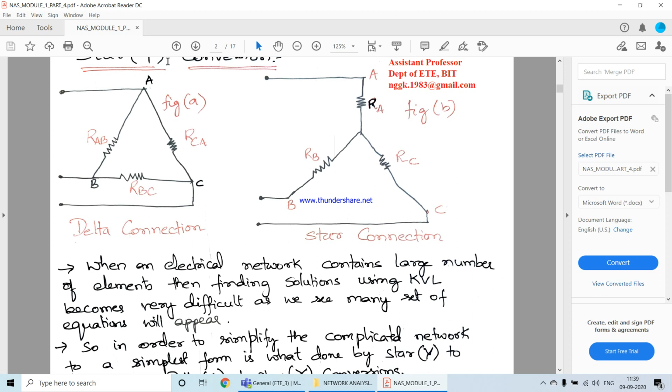The resistance across A and B in delta is equal to the total resistance across A and B in star.